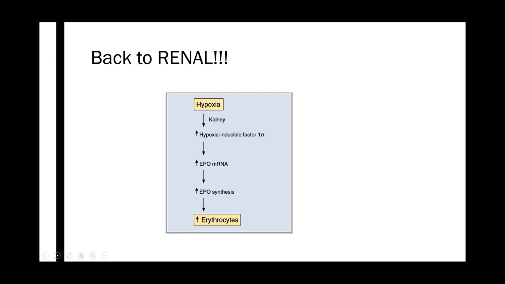And hopefully you guys should know this already, but what does the kidney release in response to hypoxia? The kidney is very, very sensitive to decreased tissue perfusion, aka hypoxia.